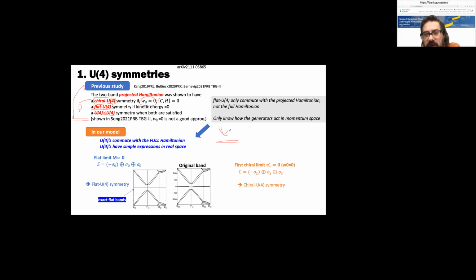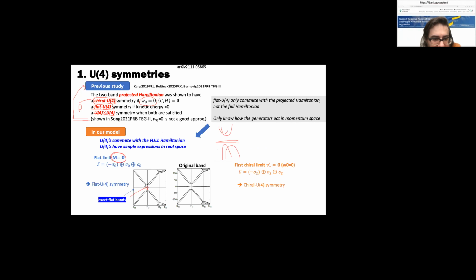So even when you've got the one-body term, which is the kinetic term, and you don't project just to the flat bands, it still commutes with these. So for example, the limit that we're going to use is the flat limit, which is M equals 0. This M was the difference in the Gamma 1, Gamma 2 representations of the flat bands.